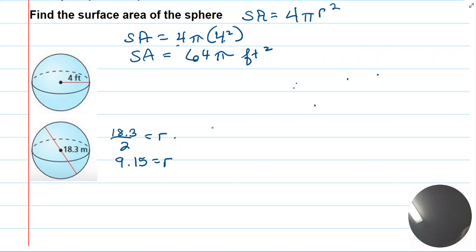And that's going to be 4 pi times 9.15 squared.